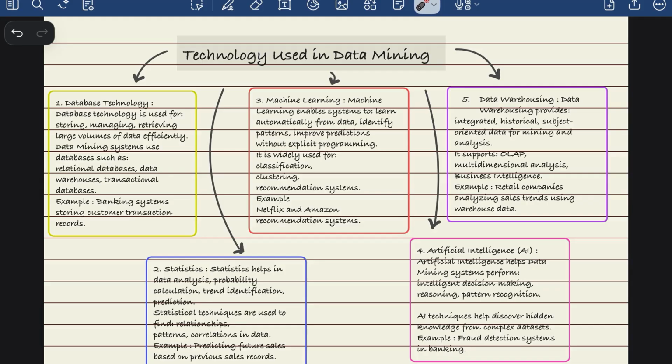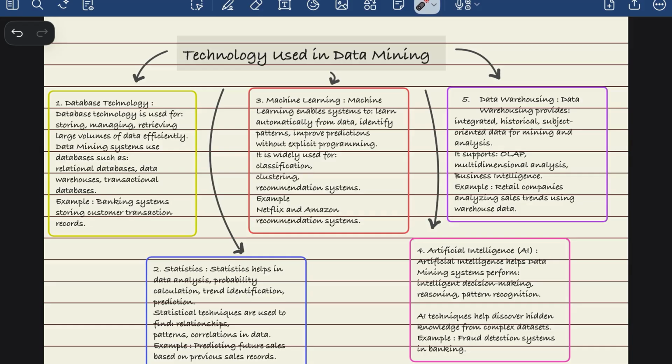So without statistical math, we won't be able to validate whether the discovered pattern is a real business trend or just a random coincidence. So it is very important to have statistical techniques which are used to find the correlations, patterns, and relationships.